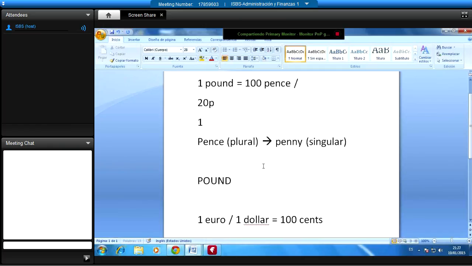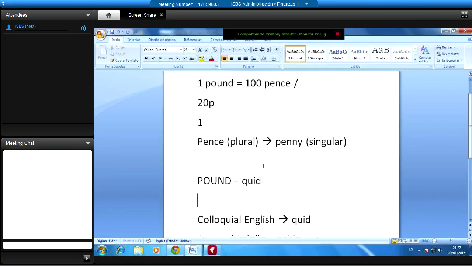Okay, so as I was saying, in colloquial English, pounds is called quid. 20 quid. Or dollars. ¿Cómo se dice los dólares en inglés? En coloquial. De 20 pavos, o lo que sea.